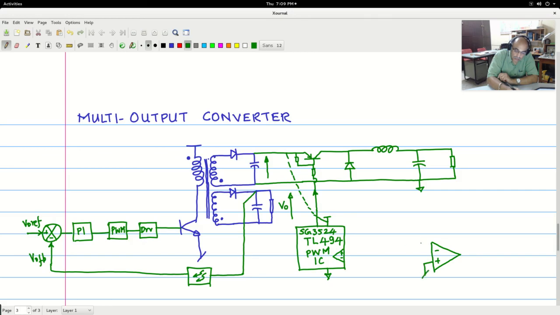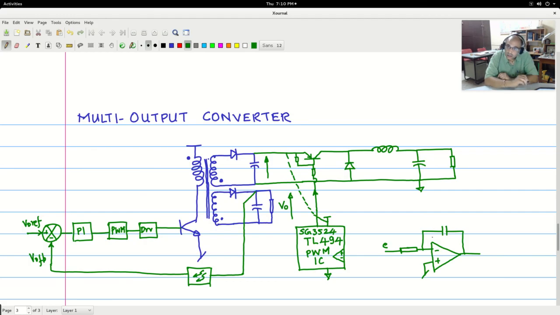So let's say I have ground. So this is a resistance, and let us say you have a capacitance across the output and the minus supply, and you are having an error coming in through here. Now this is an integrator.